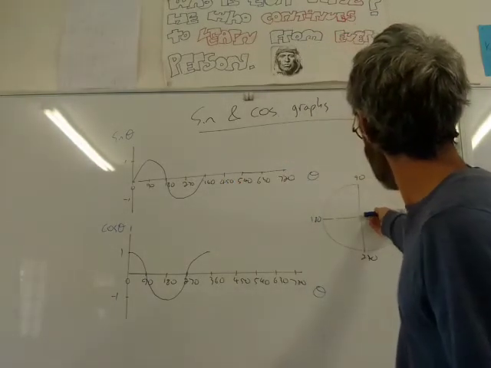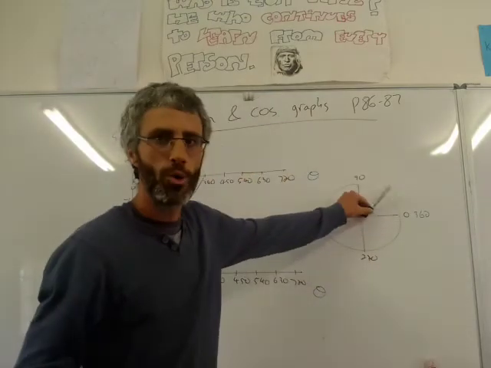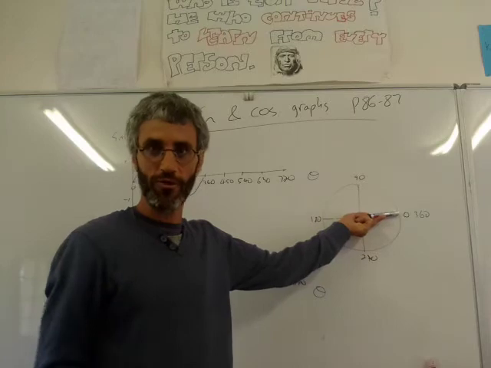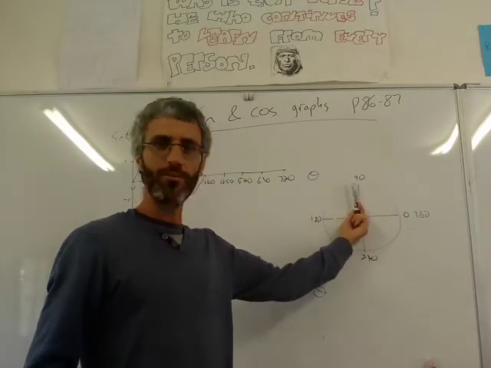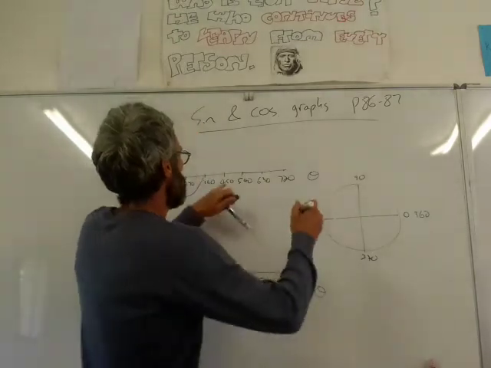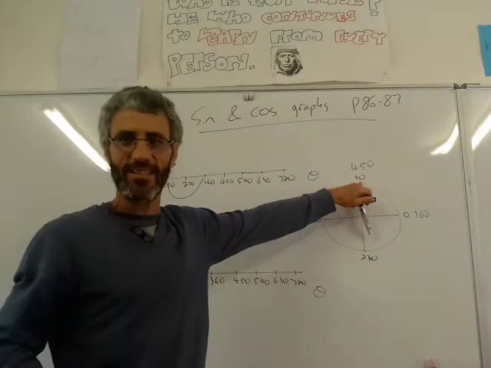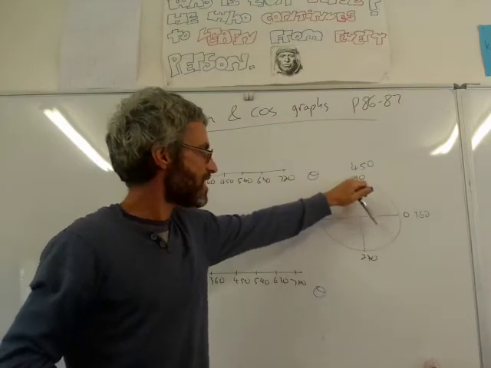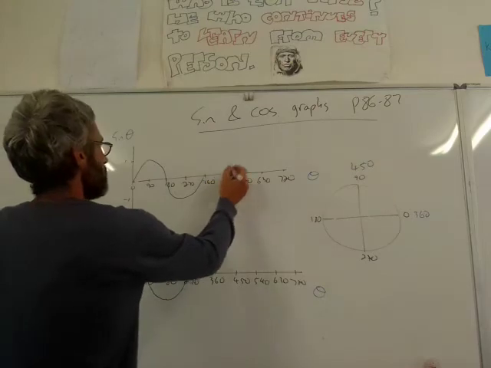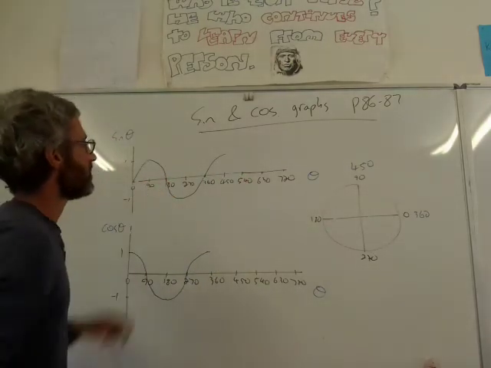It means I started at 0, I did a full circle around that first circle, and I got to 360. And I'm going another 90 degrees, another quarter of a circle. So 450 really is the same as 90. Okay? It's just 90 plus a whole 360. So 450 will have the same value as 90.